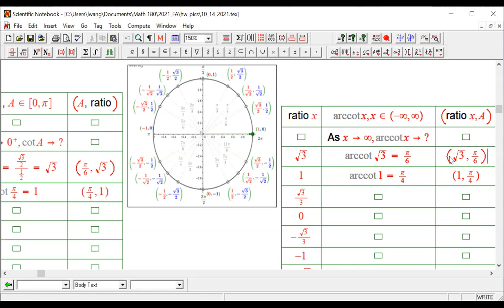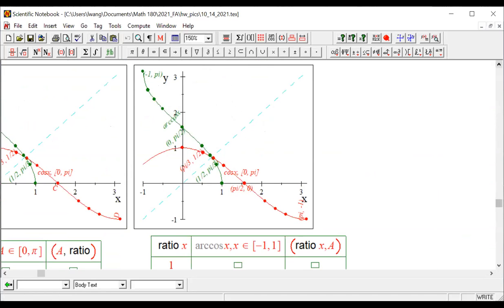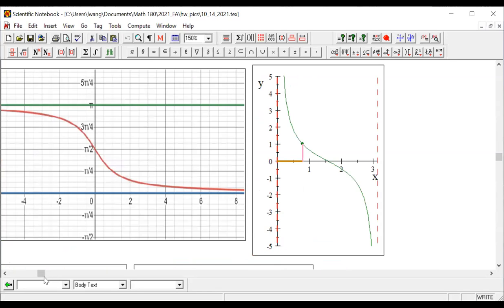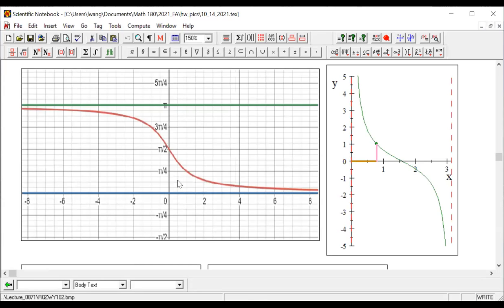Then you take this point and go to that other curve, root 3, pi over 6. Here it's marked. You can also go to decimals to do this.